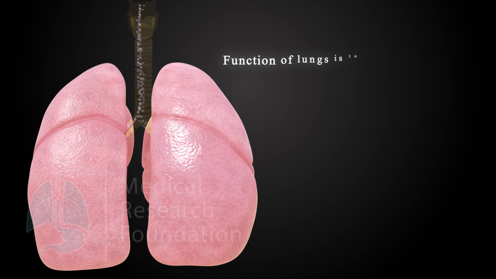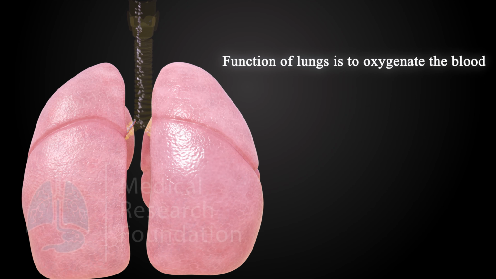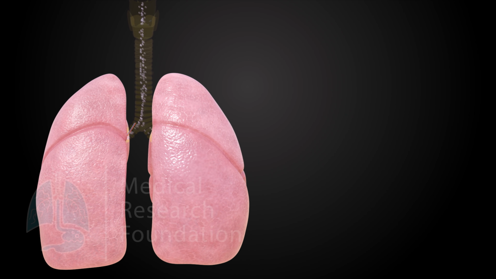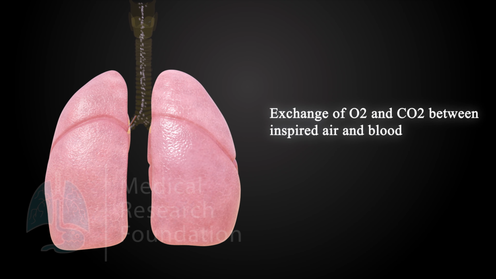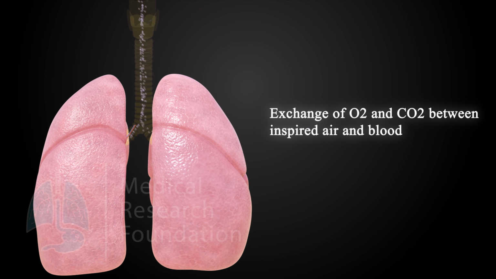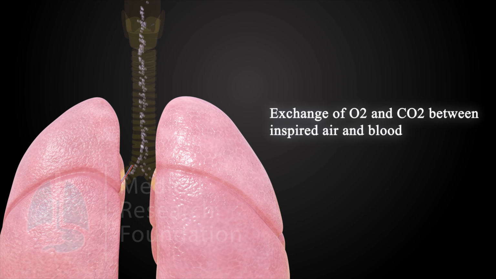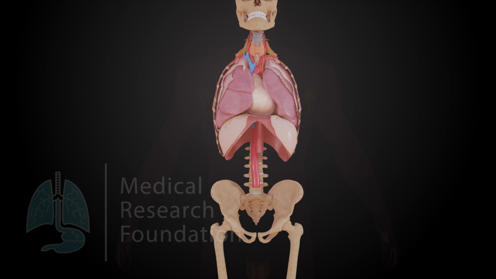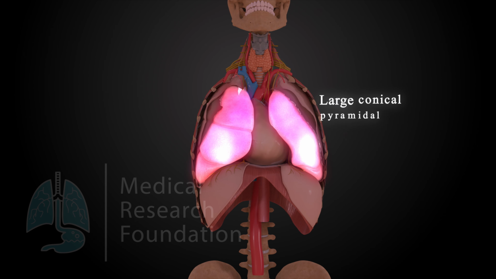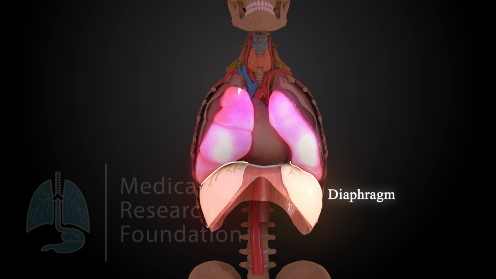The main function of lungs is to oxygenate the blood, that is, exchange of O2 and CO2 between inspired air and blood. Each lung is large, conical or pyramidal shaped, with its base resting on the diaphragm and its apex extending into the root of the neck.